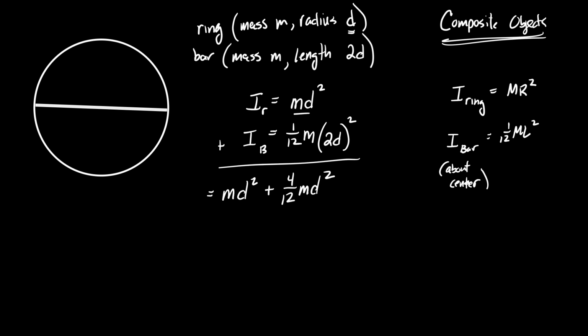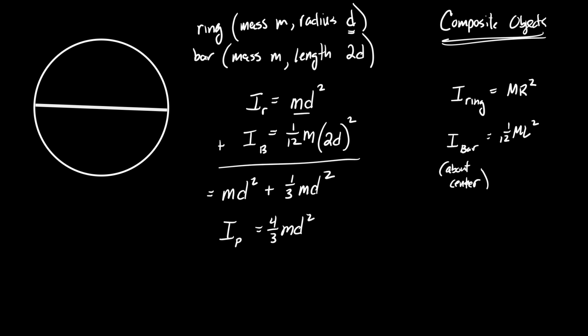Now, 4/12, I think you guys know, is 1/3. That's not a huge stretch, I hope. And when I add these together, I'll get 4/3 md squared, right? Common denominators. And this is the moment of inertia of our pulley.